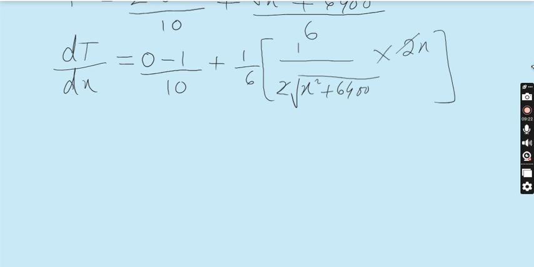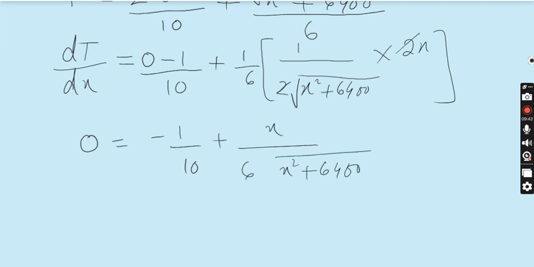In order to find the stationary value, we should replace dt by dx is 0. So 0 equals minus 1 upon 10 plus x upon 6 square root of x square plus 6400.